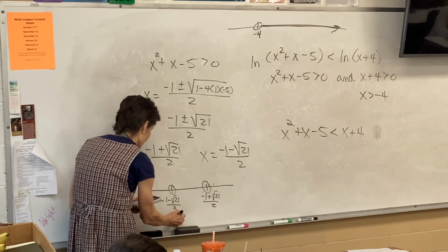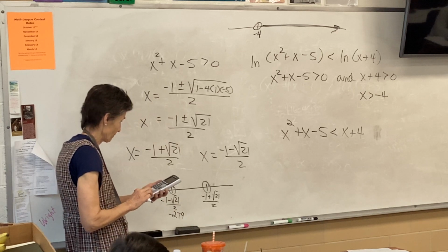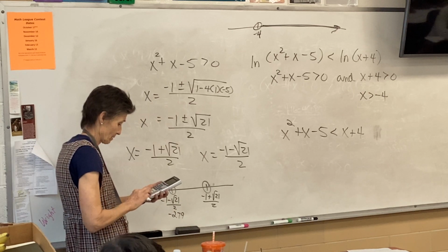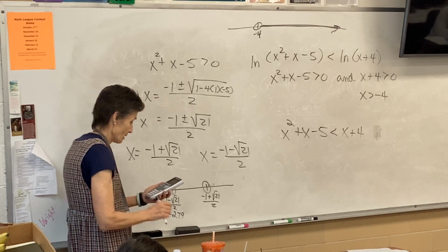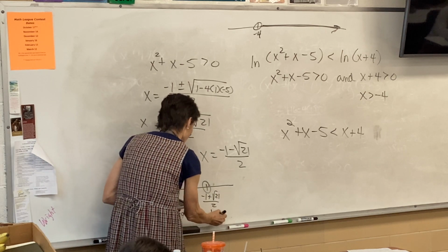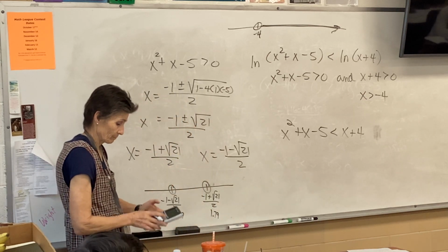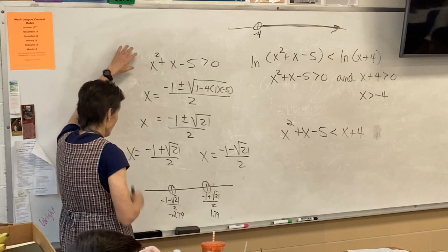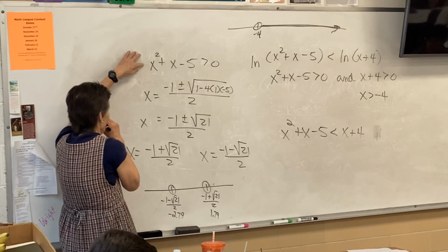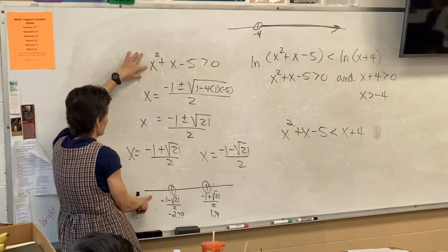This is negative 2.79. And this is 1.79. All right, so I gotta figure out where to shade this.